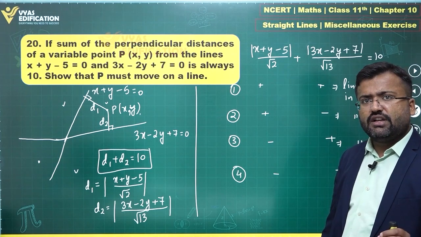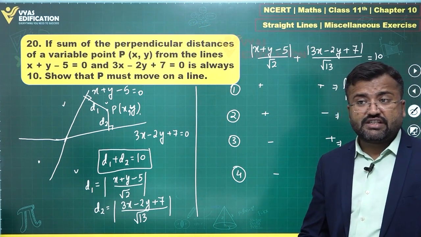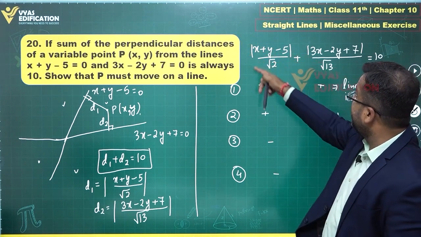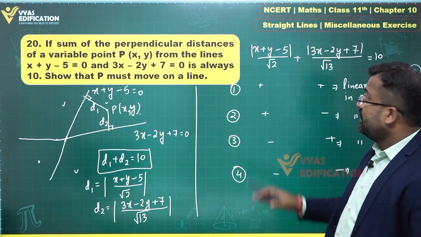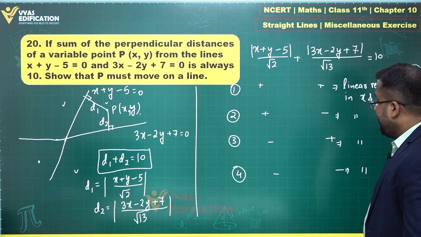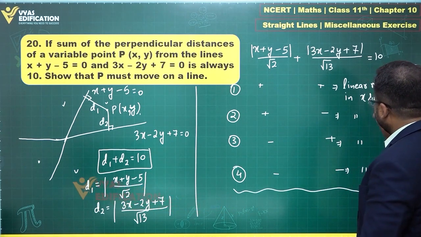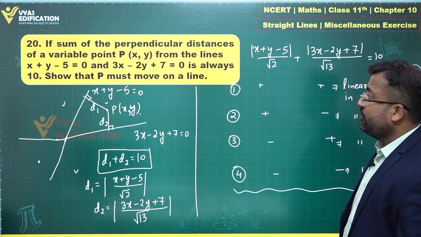You will get x to the power 1, y to the power 1, along with some complicated coefficients of x and y, such as root 13 plus 3 root 2 or minus 3 root 2. So in all of these cases, you will get a linear relation in x and y, and that is the only important thing that you need to observe.